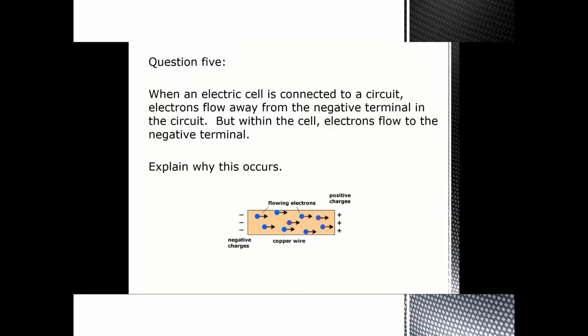So in the wire, these negative charges get attracted to the positive charge of the battery. But in the battery itself, the electrons actually have to go from the positive side all the way through to the negative side to keep the circuit going.